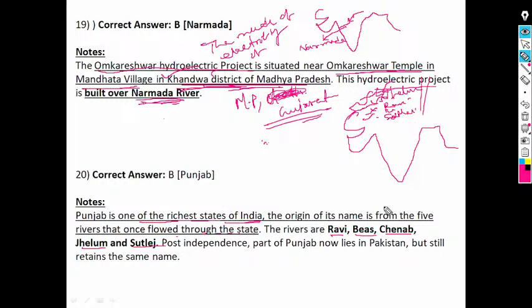Right? The post-independence part of Punjab now lies in Pakistan, but still it retains the same name. Jhelum or Satluj, still it retains the same name.